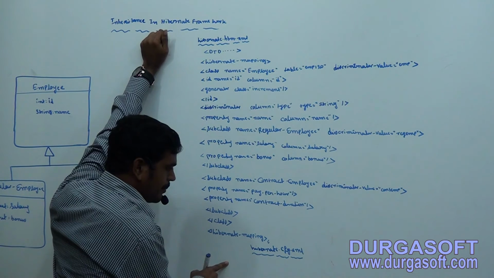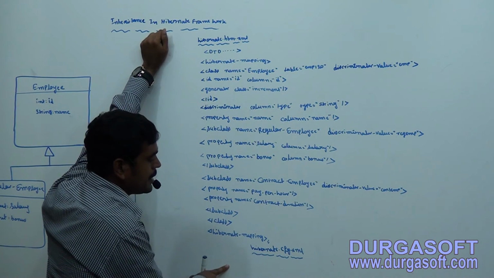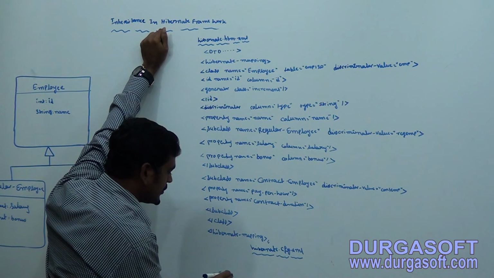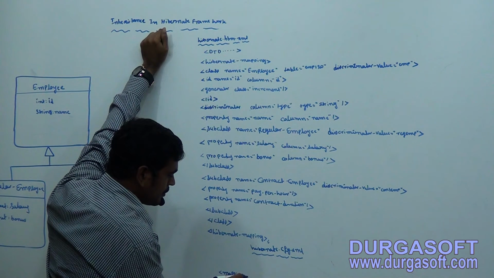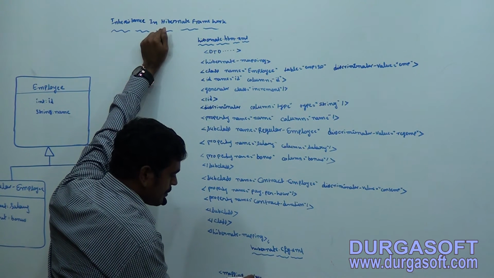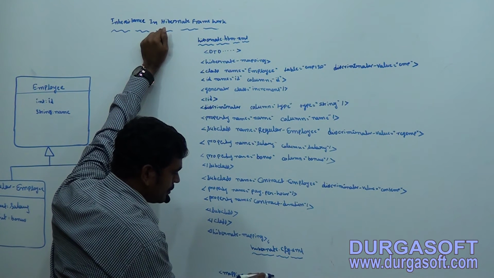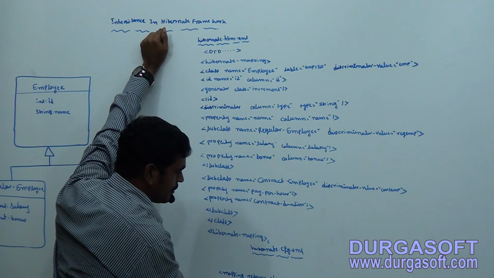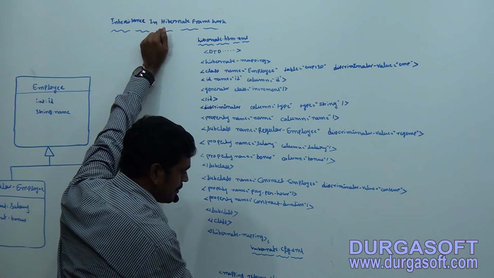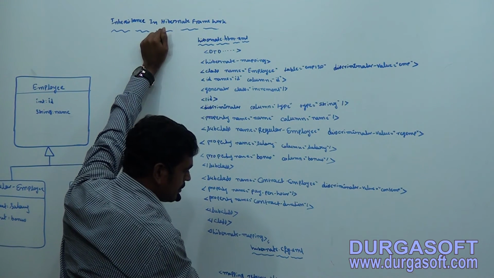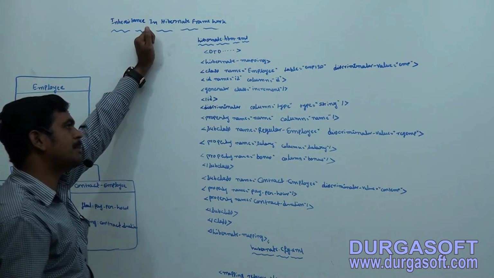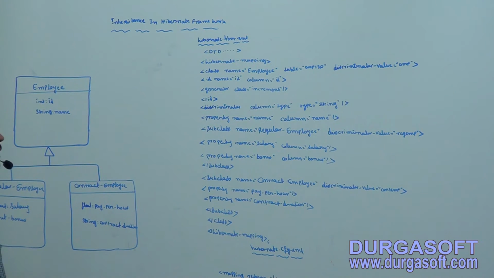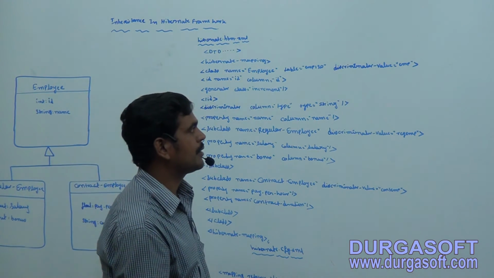First we configure the connection properties, then the Hibernate properties, and then the mapping resource is equal to hibernate.hbm.xml. That's enough. After that, we need to develop the client application.